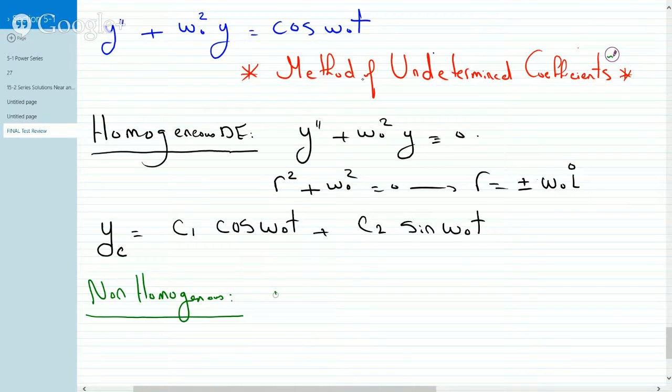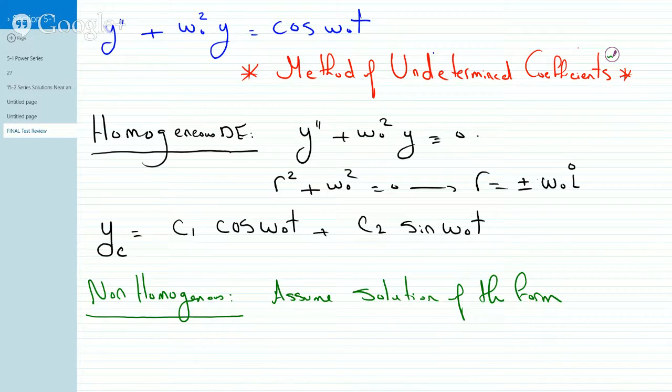So assume solutions of the form. Now usually, because the right hand side is cosine omega 0 t, you would assume solutions of the form cosine omega 0 t plus sine omega 0 t, but that's what you got in your complementary.